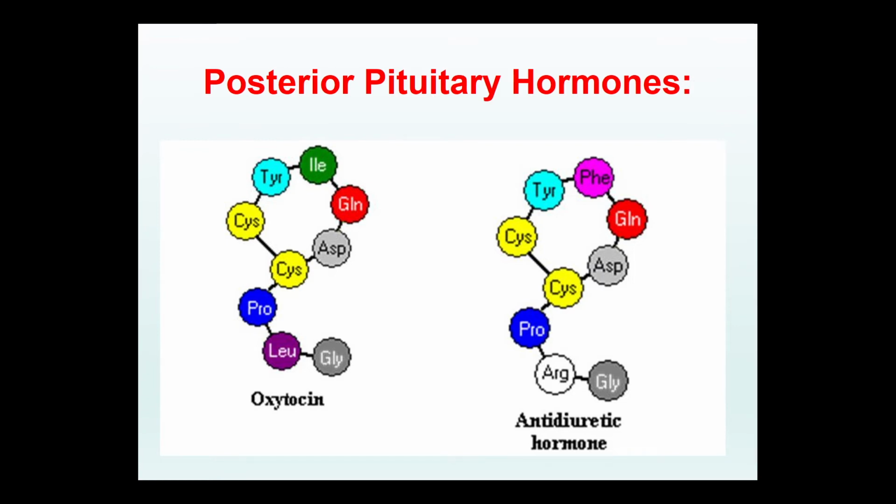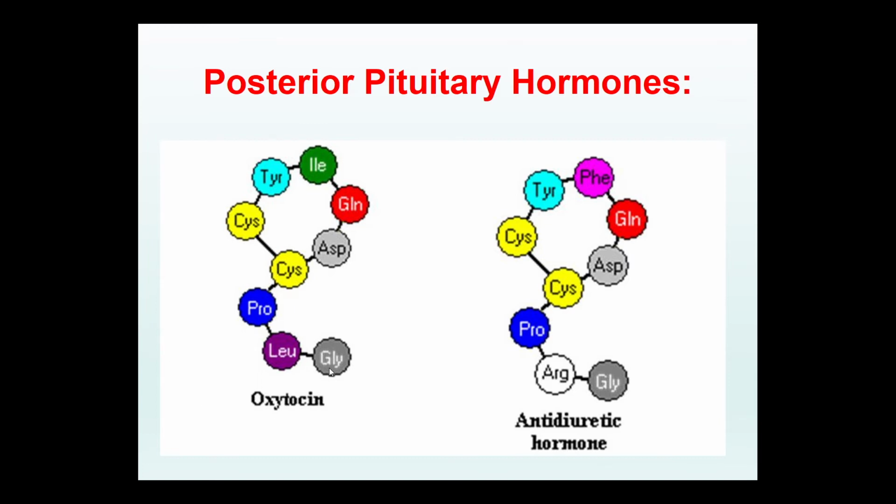And they are both nonapeptides. You see, here is why we can be confused whether these hormones are pituitary hormones or hypothalamic hormones. But you see that they are released into the blood from the pituitary. That's why we think of them as posterior pituitary hormones.